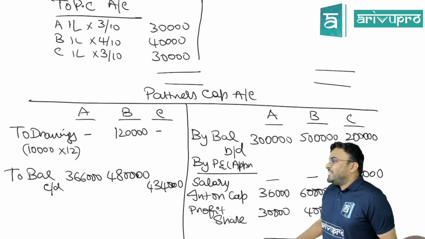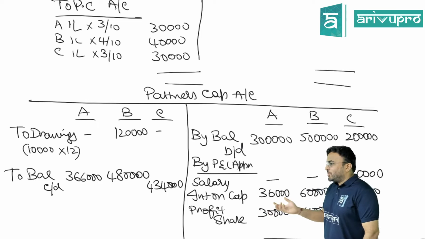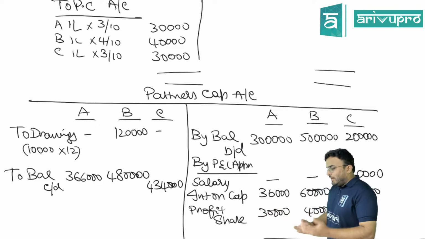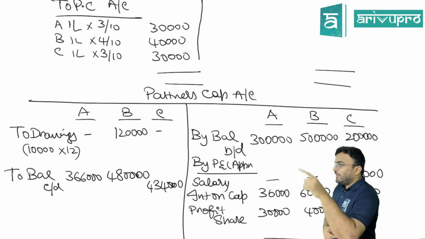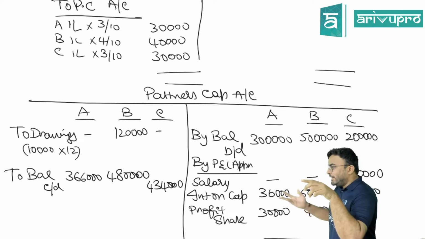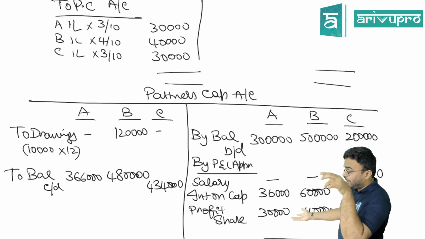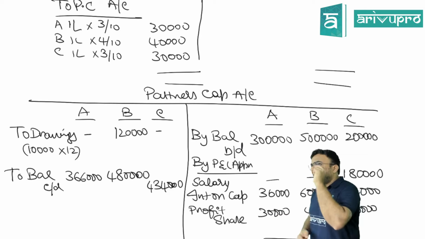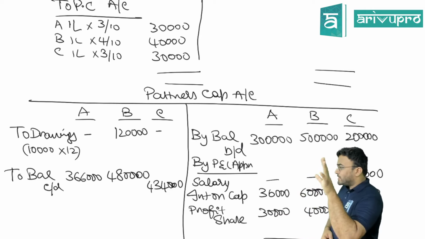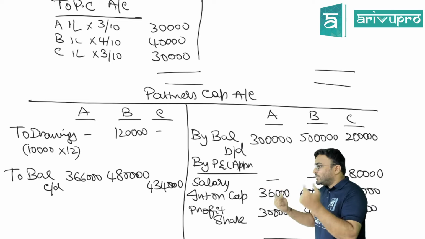See, salary to partner is a distribution of profit, appropriation of profit, so it should go from P&L appropriation. They debited drawings. What they credited, we don't know. Whether they credited bank, salary to partner, or partner's capital account, we don't know. But they have debited drawings. If you debit drawings, drawings will get subtracted from capital, which is wrong.